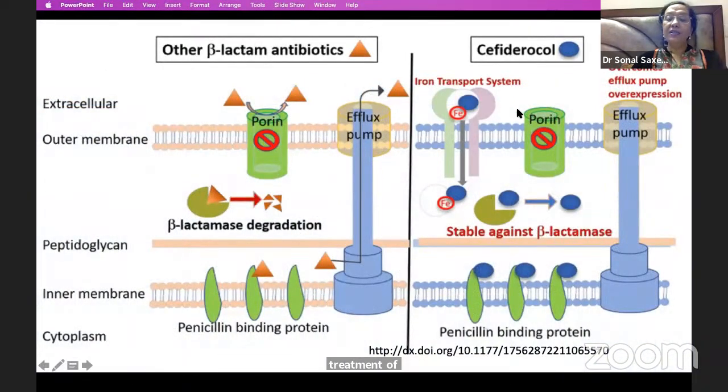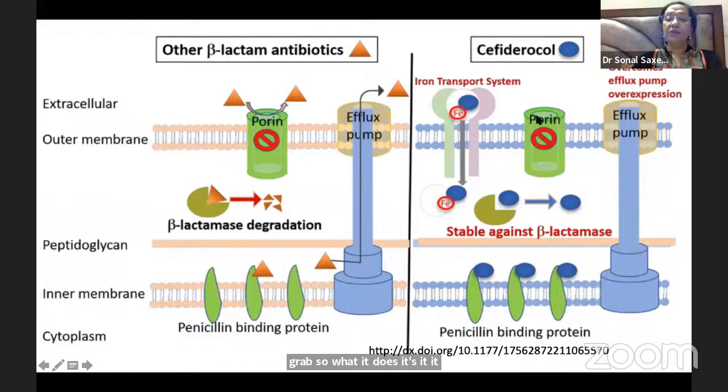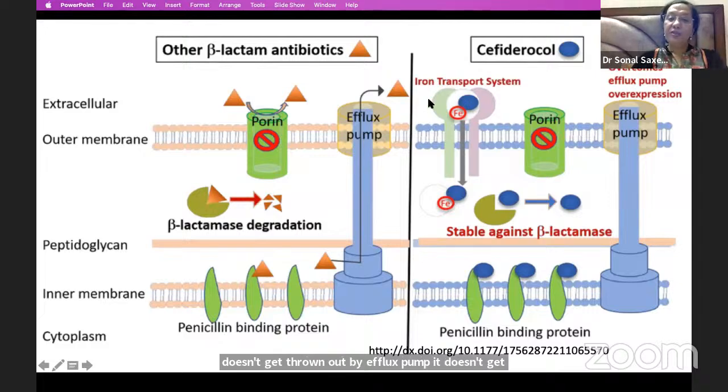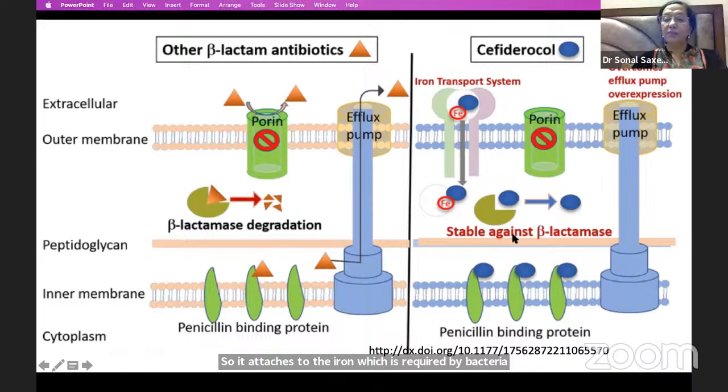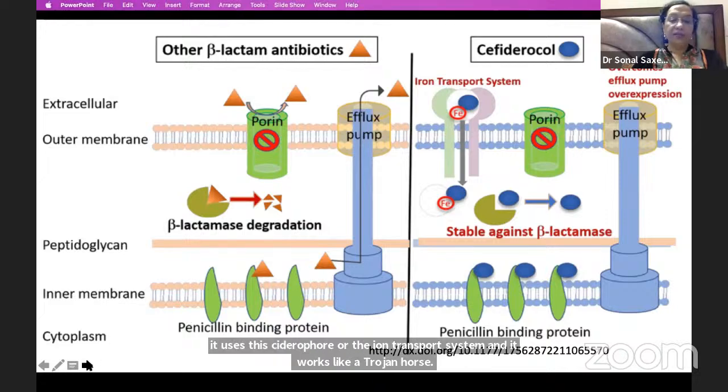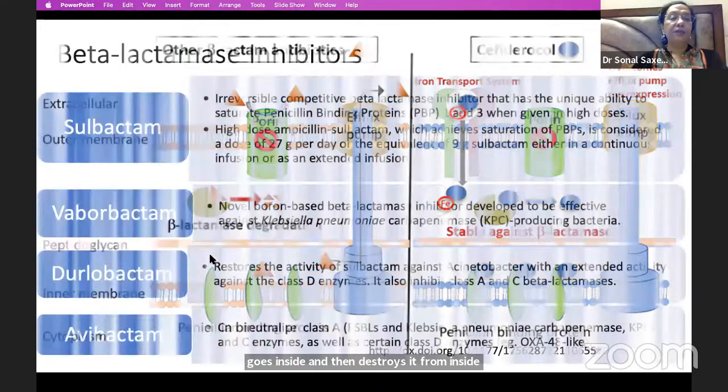What it does, it doesn't get thrown out by efflux pumps, it doesn't get thrown out by porins. It uses the bacterial iron transport system. So it attaches to the iron which is required by bacteria, and it uses this siderophore or the iron transport system, and it works like a Trojan horse, goes inside and then destroys it from inside the peptidoglycan layer.